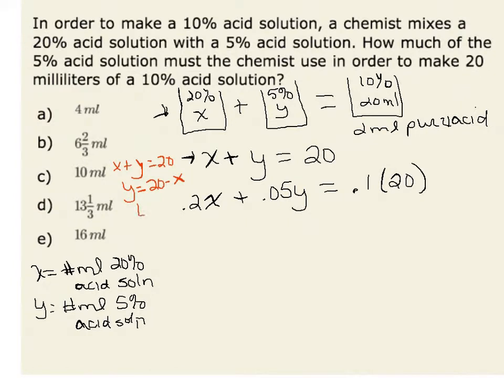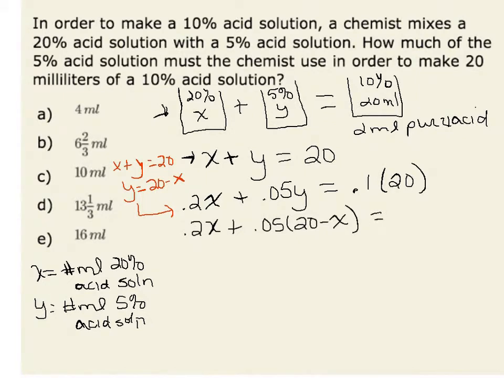I'm going to substitute this into my second equation. So I have 0.2 times x, plus 0.05 times y, and y can be expressed as 20 milliliters minus x.